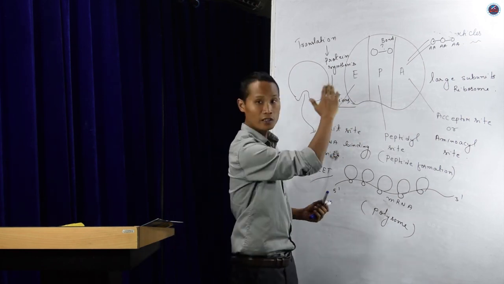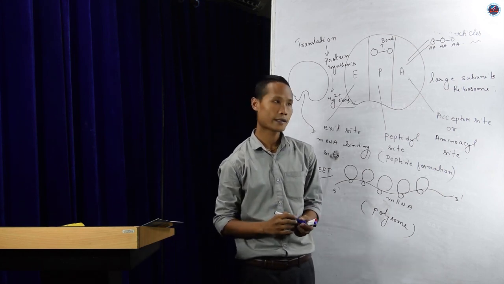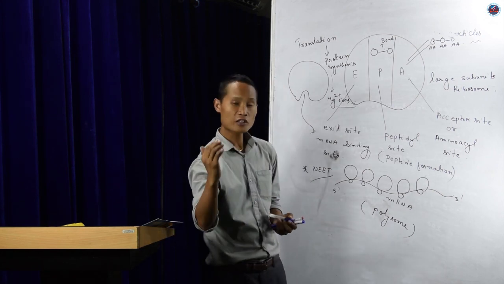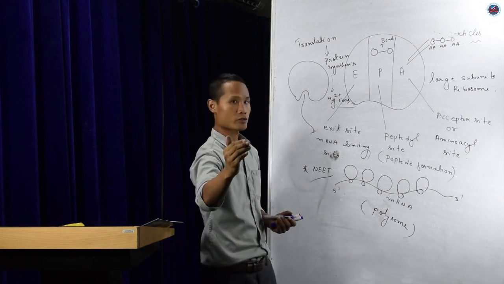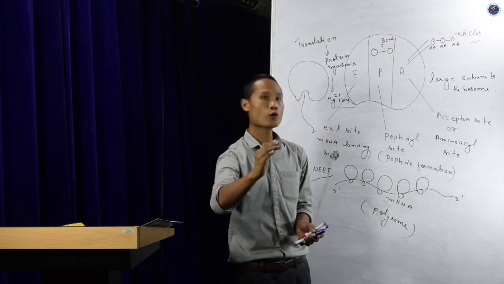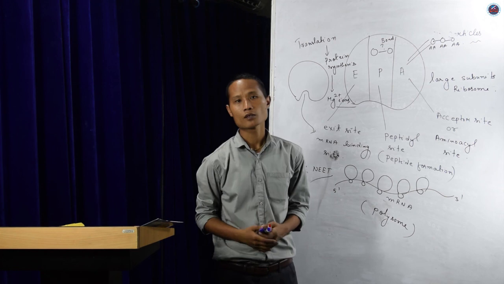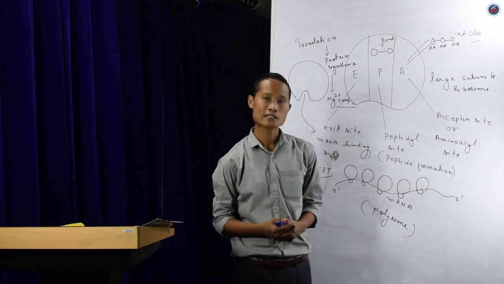So this is the detailed information about the structure and the functions of the ribosome. The most important function of the ribosome is that it is involved in the synthesis of protein. In the next class, we will talk about plastids and their types. Thank you.